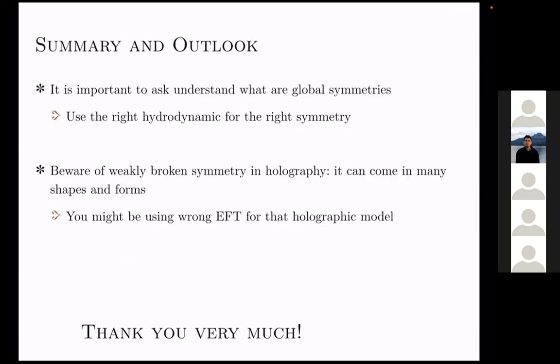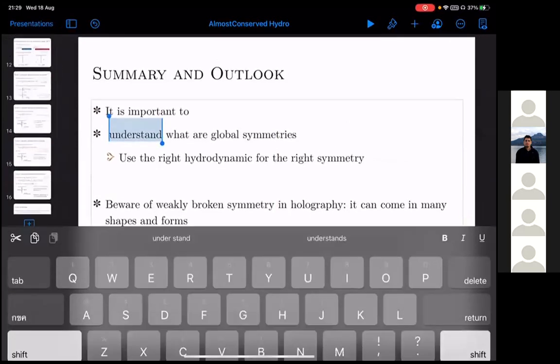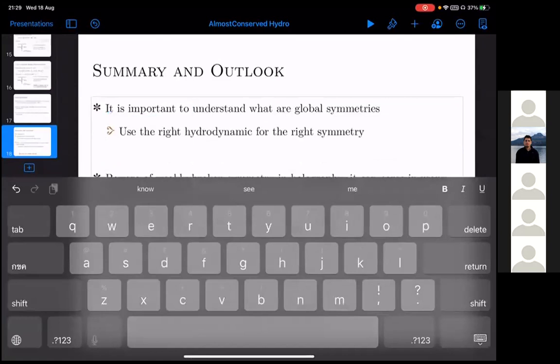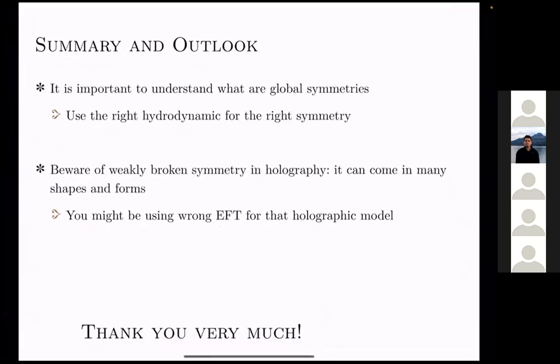So let me summarize what I'm trying to say here. One thing that I want to emphasize is that it's important to actually understand what the global symmetries of your QFT are. If you want to use hydrodynamics as an effective theory, then you choose the right hydrodynamics for the right symmetry.